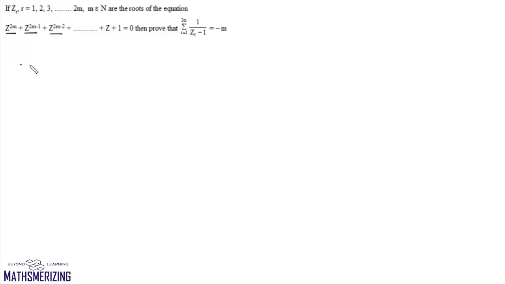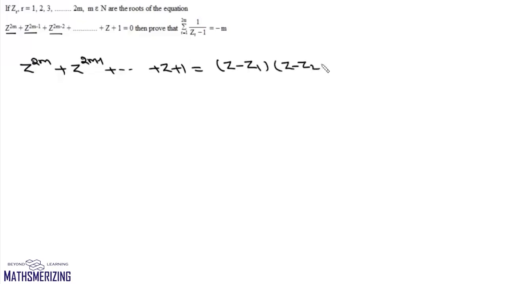Now we can write this equation as Z to the power 2m plus Z to the power 2m minus 1 up to Z plus 1, and it will be equal to Z minus Z1, Z minus Z2 up to Z minus Z2m.